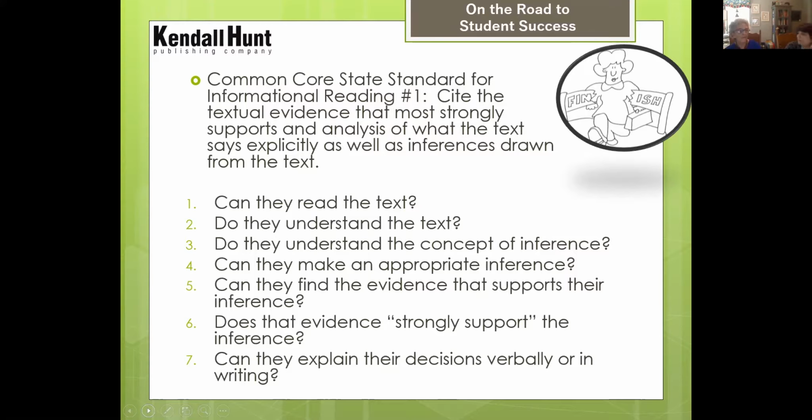So maybe for Jack, it's about can he read the text, because we can't get any further until we resolve that problem. For Sonia, it may be, can she find the evidence? Because she's kind of got some of this, but maybe not all of it. For William, it might be finding the evidence that strongly supports or explaining that in writing.